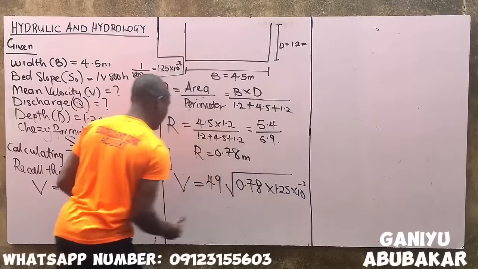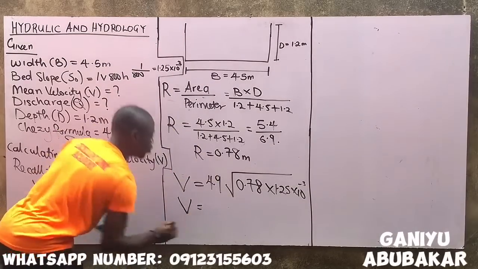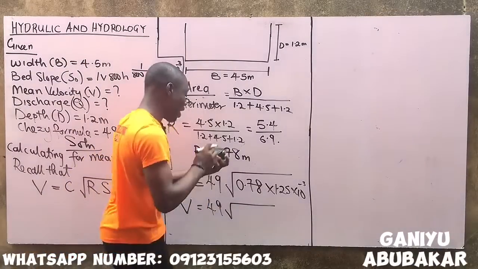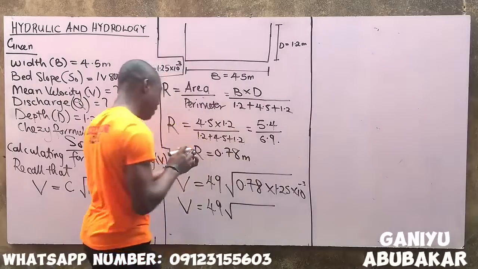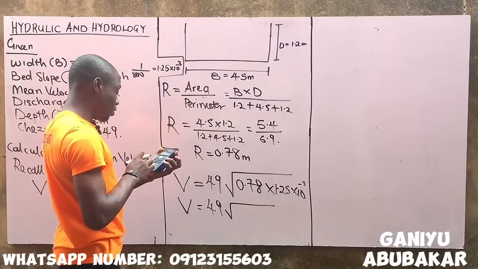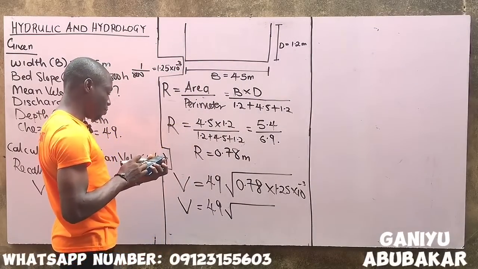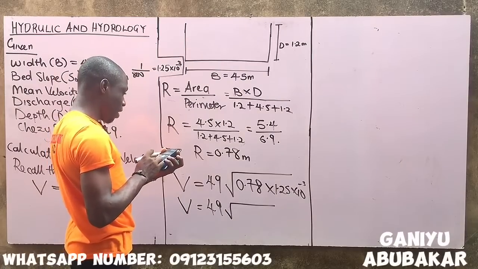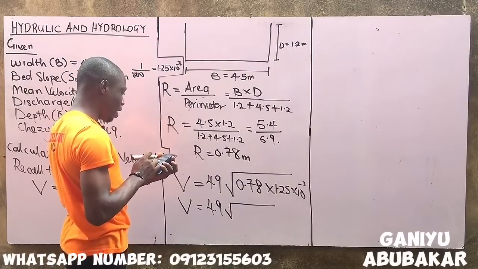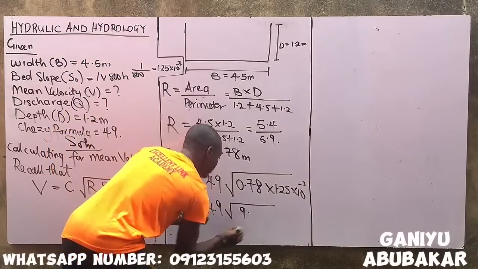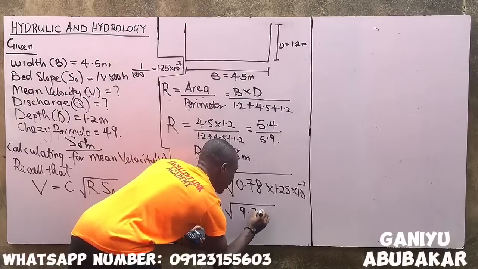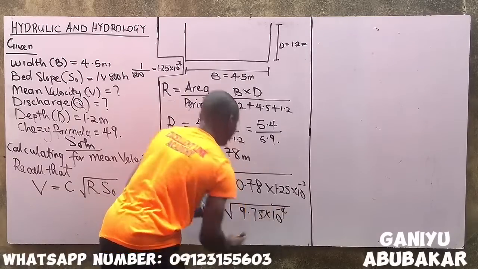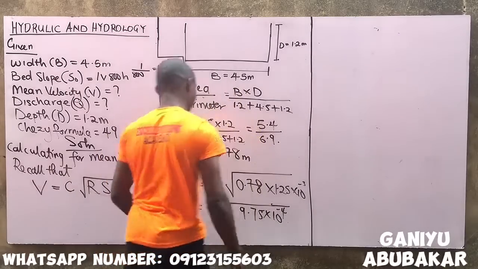Multiply this one first. So my mean velocity V is equal to 49 times the square root of, multiply 0.78 times 1.25 times 10 to the power minus 3. I'll have 9.75 times 10 to the power minus 4, right? So take the square root of this value.